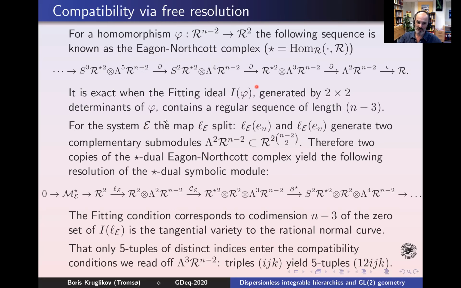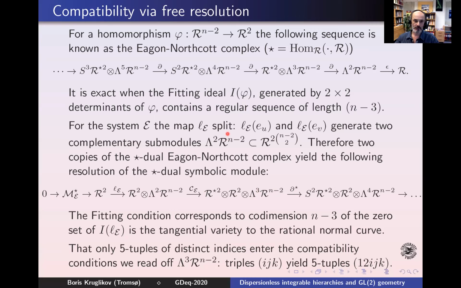I don't want to go through this abstract commutative algebra. But if you look carefully at this, you will find here lambda 3 in this complex, and that's all those IJK which were on the previous page. So you make sense of all the things which appear here. If you look at this R2 star tensor R2, that's a 2 times 2 matrix. There are some explanations for this, but I don't want to sit here long.